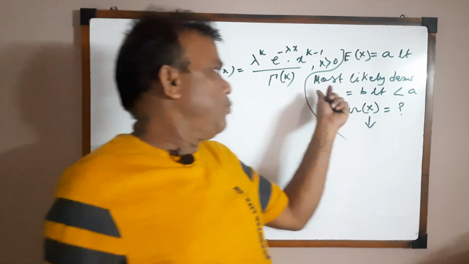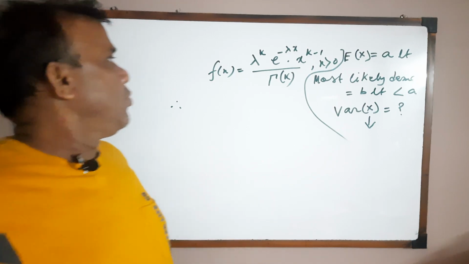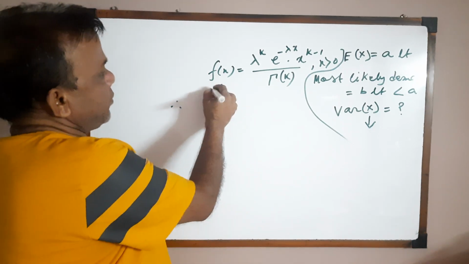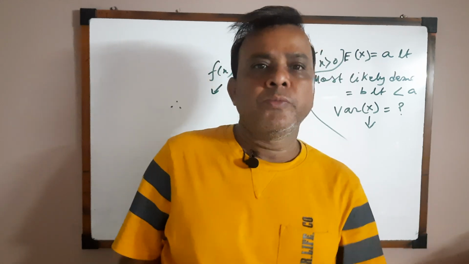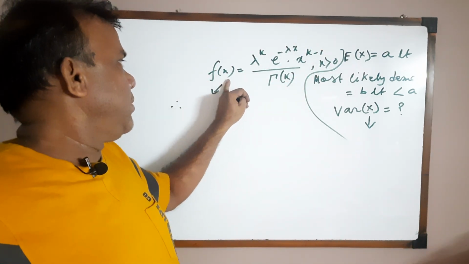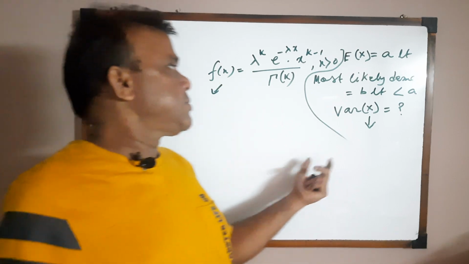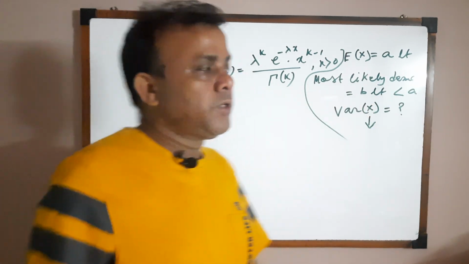To get the most likely demand, we have to show whether f(x) is maximum or minimum. In case of maximum value of f(x), the value of x is the most likely demand b.